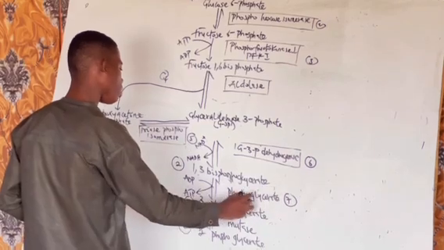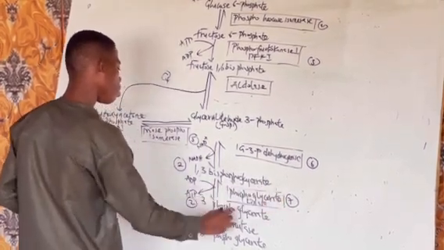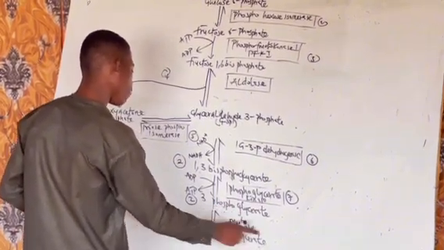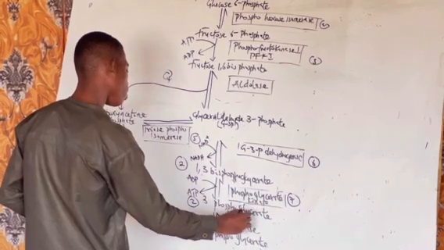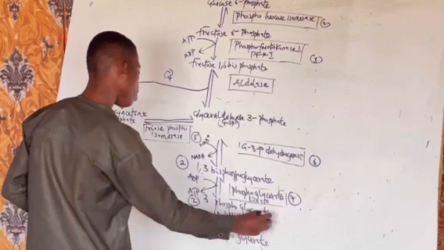And the name of the mutase is phosphoglycerate mutase. Step 8.